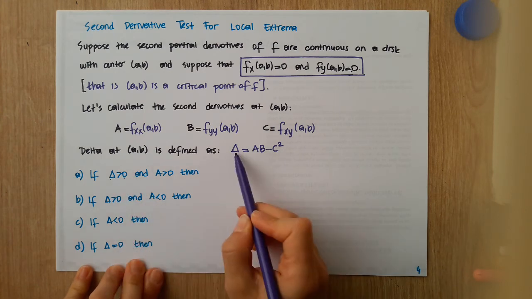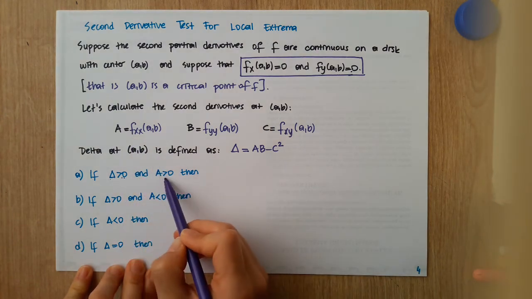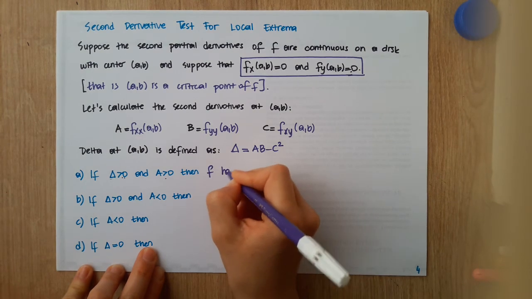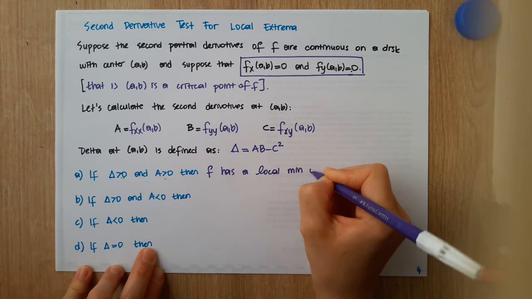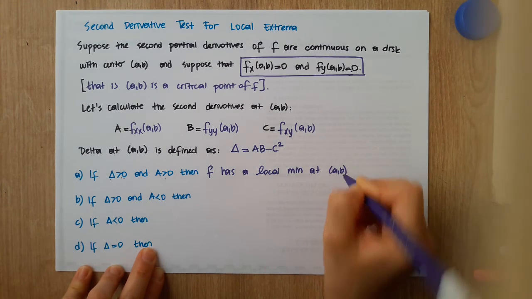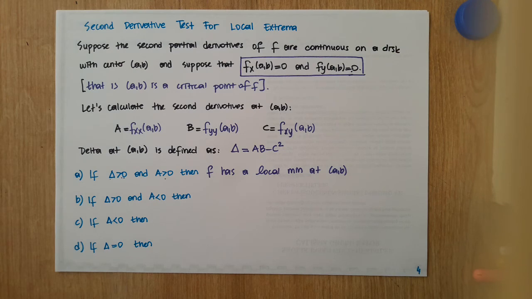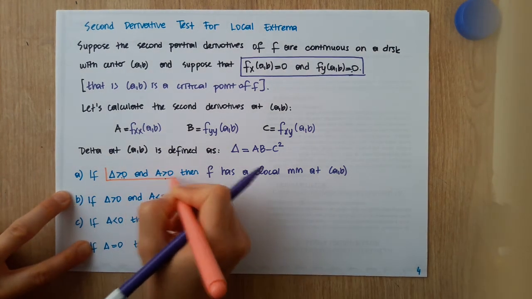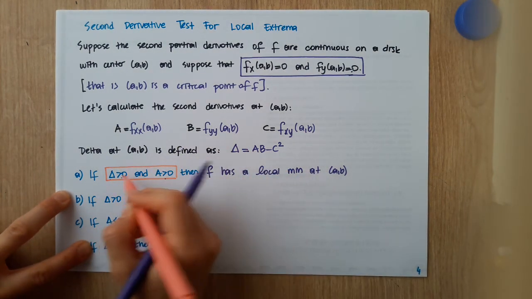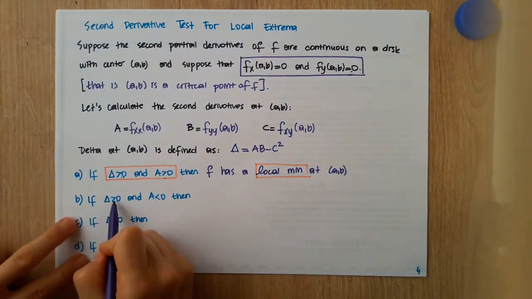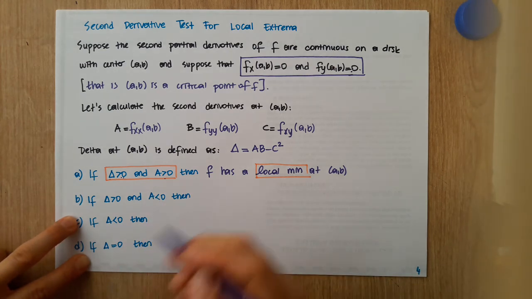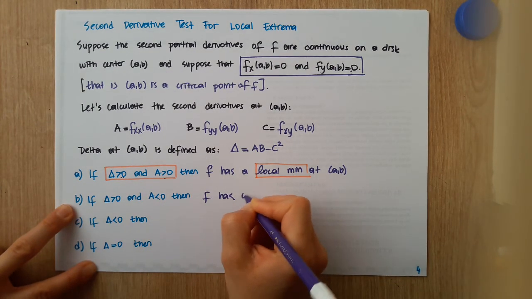If delta is greater than 0 and A is greater than 0, then f has a local minimum at (a, b). If delta is positive and A is positive, you have a local minimum. If delta is positive but A is negative, then f has a local maximum here.